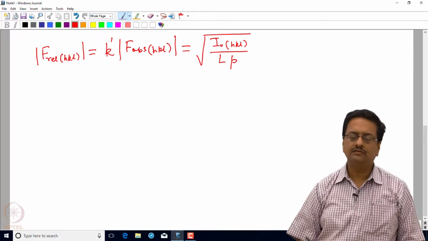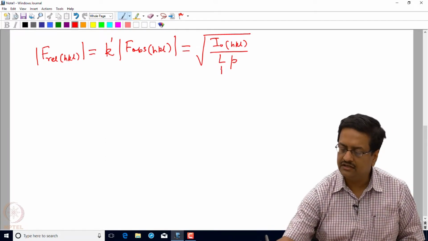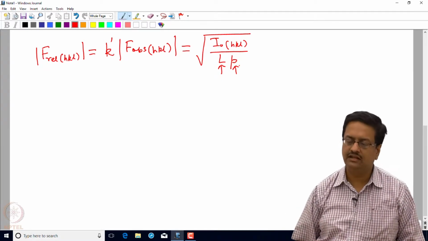Now let us try to understand those two terms, L and P, the corresponding Lorenz and polarization factors.